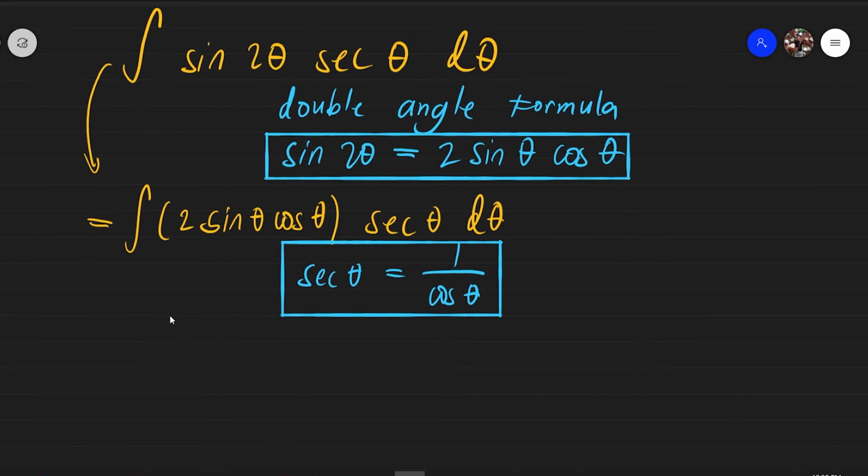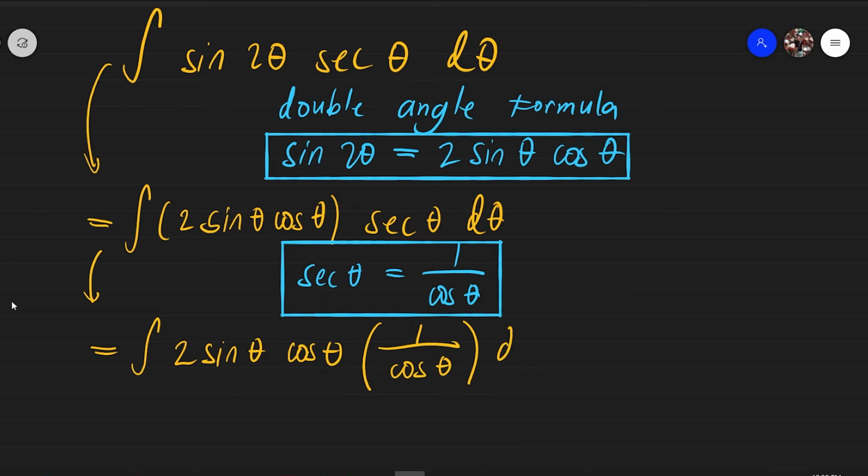Okay, so applying this identity, we can therefore write this function as the integral of 2 sine theta cosine theta multiplied by secant, which is just equal to 1 over cosine theta, and of course, that d theta.